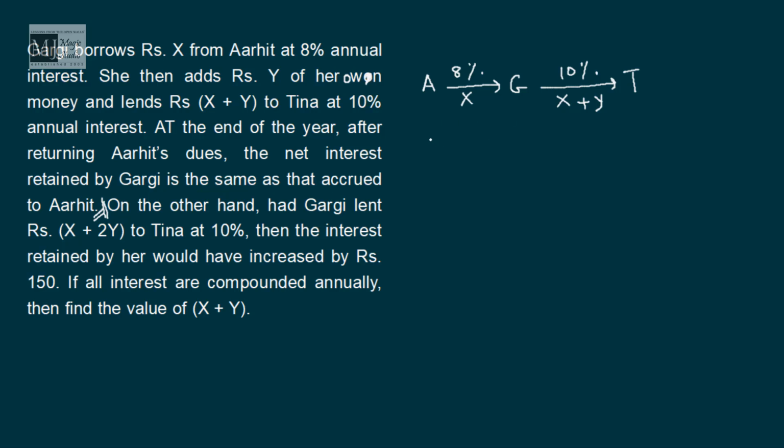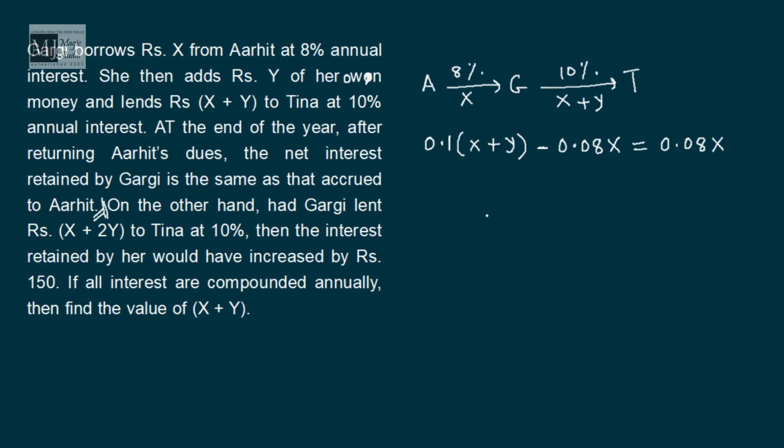How much is the earning of Gargi? 10%, that is 0.1 of (X + Y). How much is she supposed to pay back to Arhit? 8%, 0.08 of X. After paying back, the net interest retained by Gargi is the same as that accrued to Arhit, so that is equal to 0.08X.